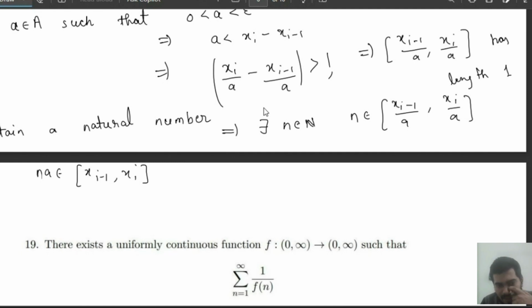And since na is nothing but n times an element of A, a sum of elements of A, it implies that there exists b equals na belonging to B such that b belongs to this interval. It implies that.